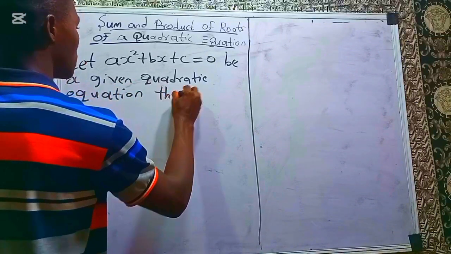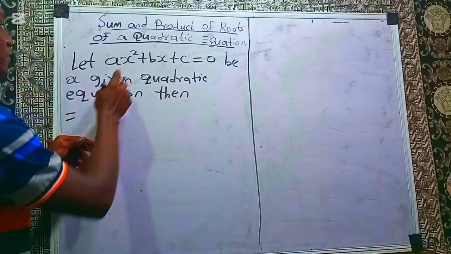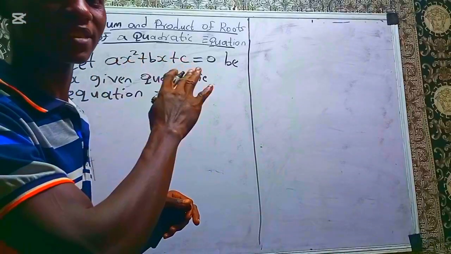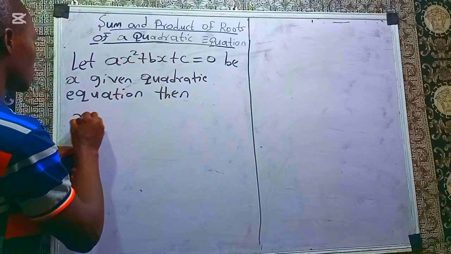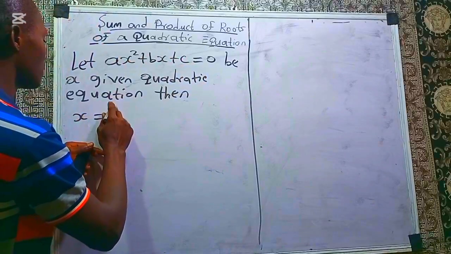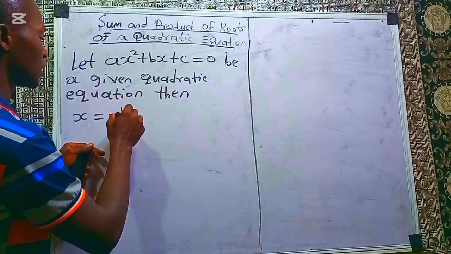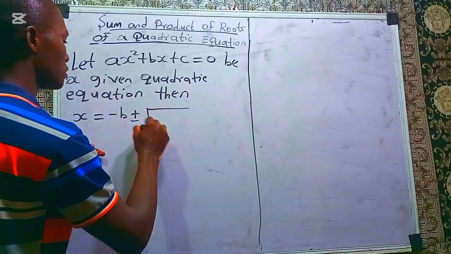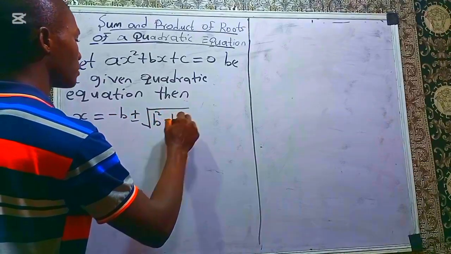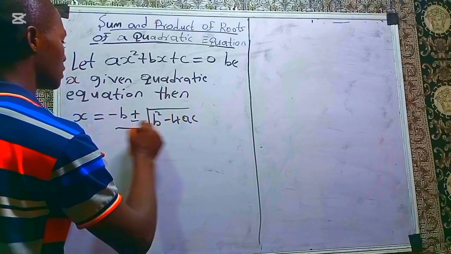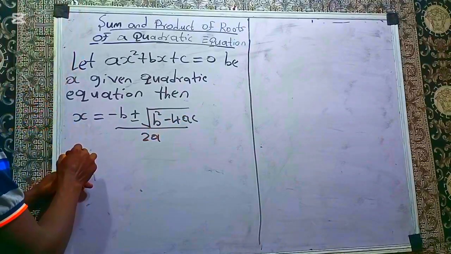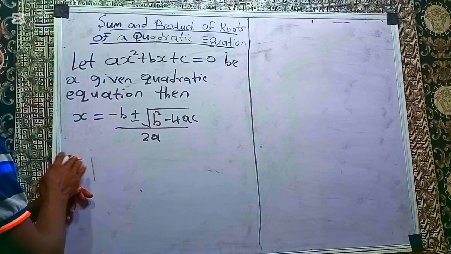Then the roots of the equation can be found using this formula: negative b plus or minus square root of b squared minus 4ac divided by 2a.